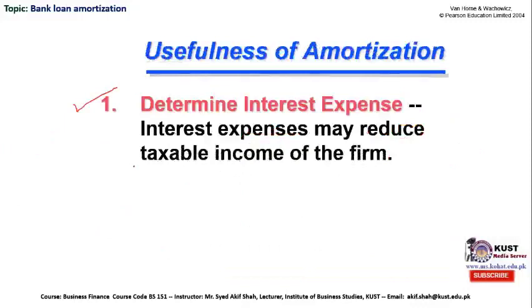Interest expense may reduce the taxable income of the firm. So at the end of each financial year, if the investor Julie Miller or her company is going to find out the taxable income or net income, there she can adjust this interest expense, which is useful to determine at the end of each year what is her interest expense over the bank loan.